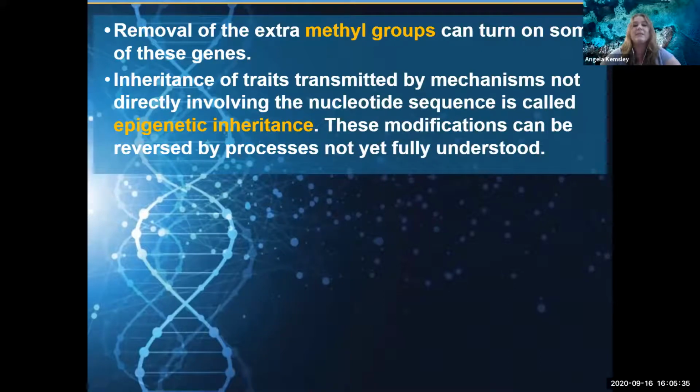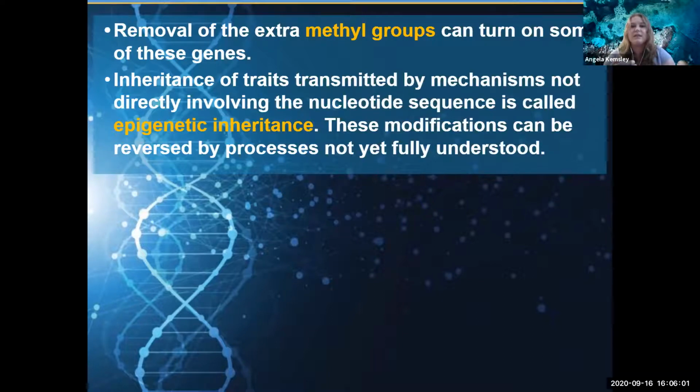Now sometimes there's the removal of an extra methyl group that can turn on some of these genes. Inheritance of traits transmitted by mechanisms not directly involving the nucleotide sequence is called epigenetic inheritance. So I mentioned that we're not changing the sequence of the DNA. When we're talking about epigenetics, we're talking about other things that are affecting gene expression.